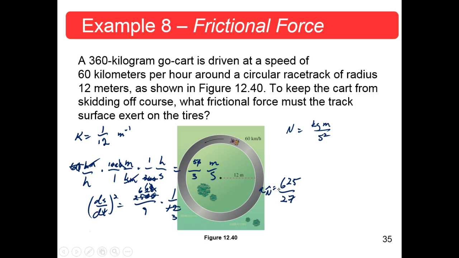All right. Multiply by your mass, which is 360 kilograms. I haven't kept up with the units, but I think they'll work out here. And I don't have a calculator on me. So let's see what they got.